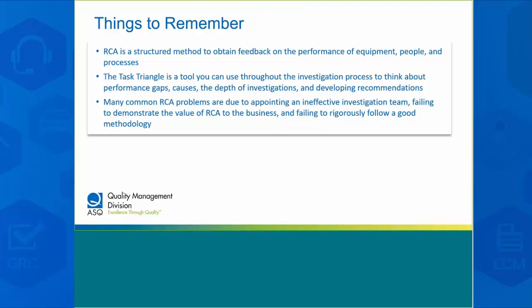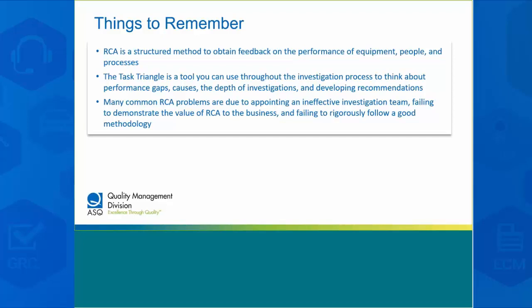So what I want you to take away from this webinar, RCA is a structured method to obtain feedback on the performance of equipment, people, and processes, okay? It's not about blame. It's about setting the equipment and the people up for success by having the right processes in place, okay? And so when you think about ISO 9000, 14,000, 45,000, I can go on, okay?